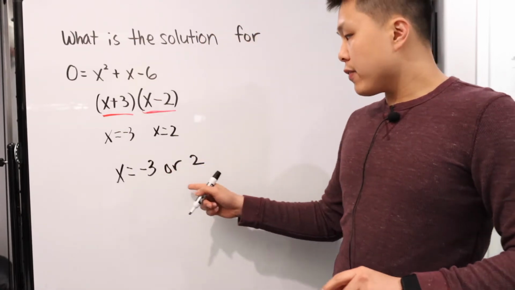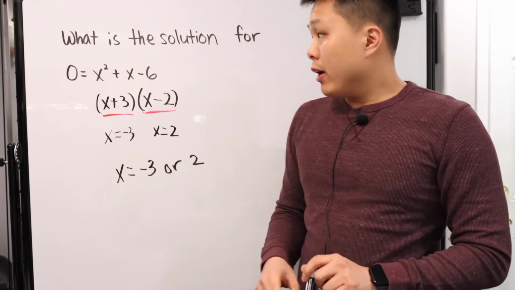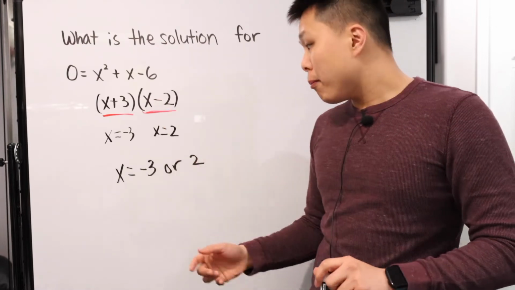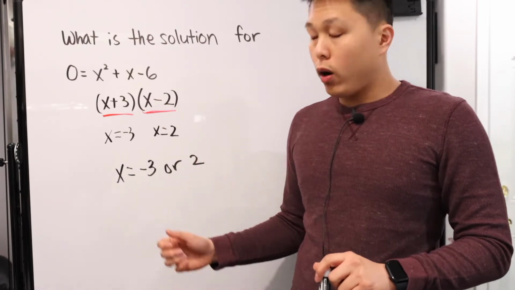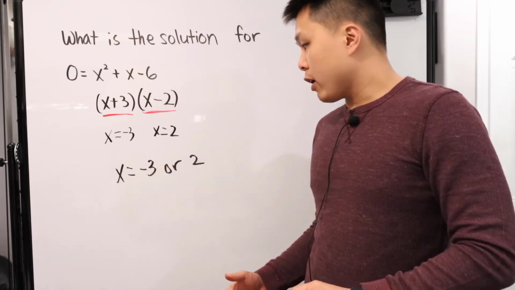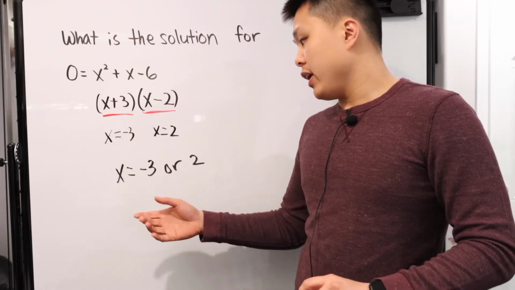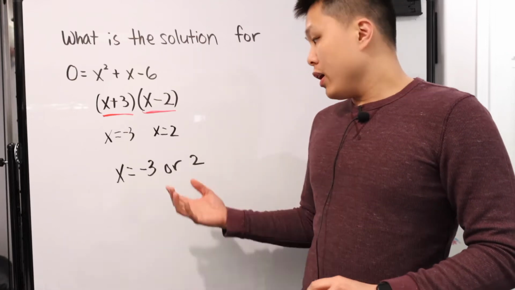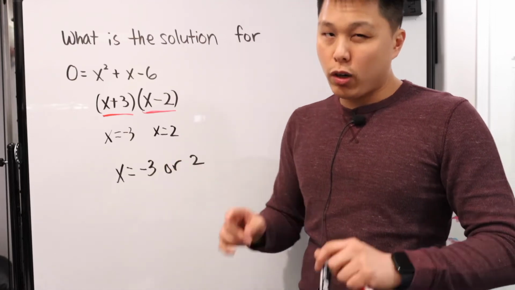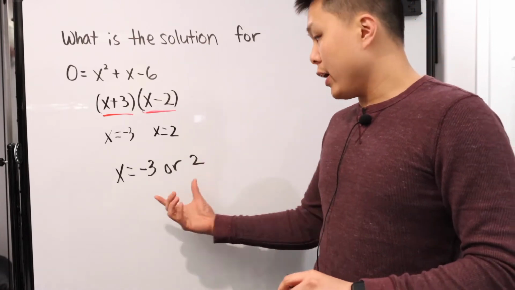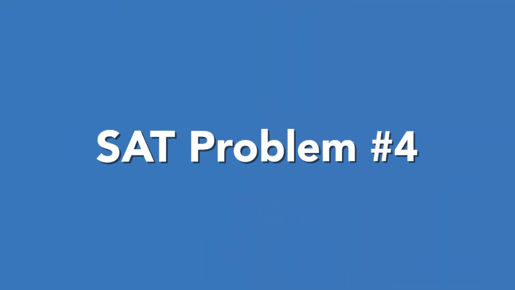Now, if it shows up as a multiple choice, it might only allow you one of these two options, so just be careful of that. They'll probably give you all the other options that don't fit, and then one of these will show up. The other one might not be there, and you might think you have done it wrong. Not really. Just be very careful and double check your answers.